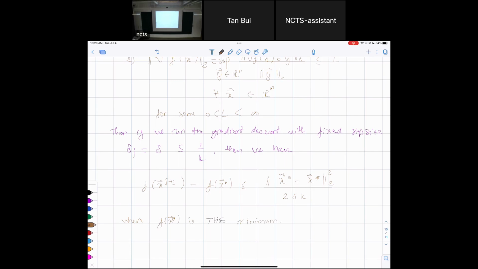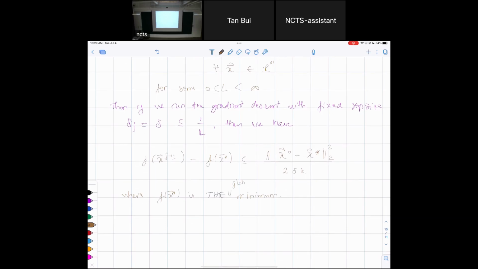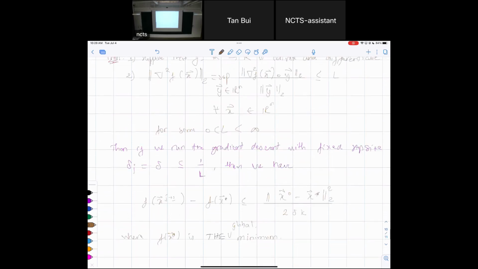If the function is convex and differentiable, in particular, then there's one single global minimum, right? And this is the one that we are talking about, the single global minimum.